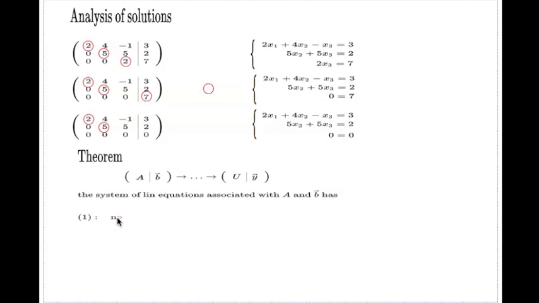It has no solutions if the right-hand side is a leading column. That's the kind of thing which happened here. The right-hand side here happened to be a leading column, and that's a clear sign of the system not having any solutions. And that's a general statement which you can now use.